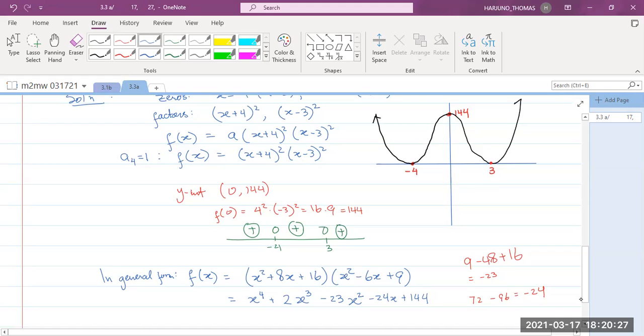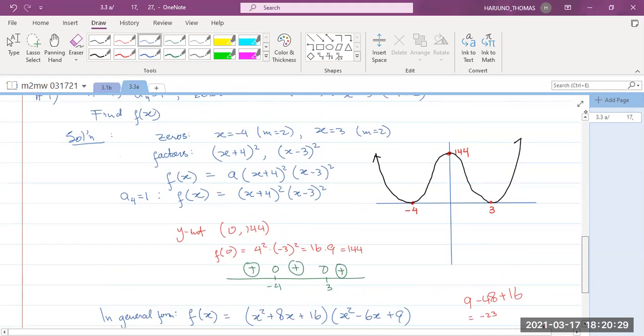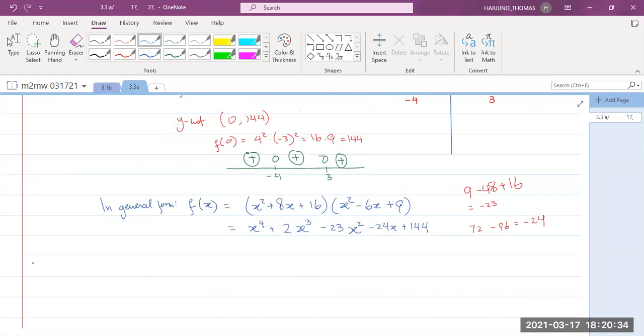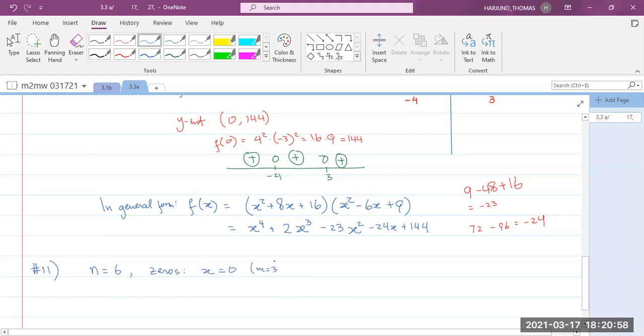Let me ask you to try number 11. I give you, let's say, 5 minutes for this. Number 11, the degree is 6. The zeros are x equals 0 with multiplicity of 3. That's easy, right?